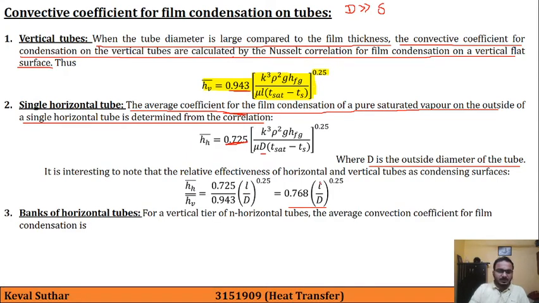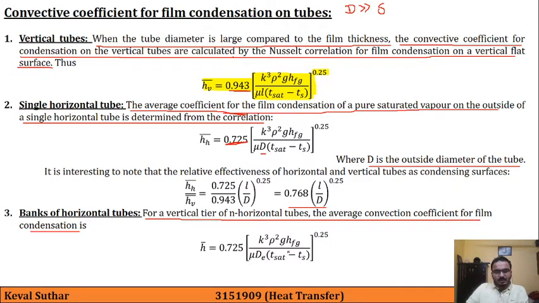The next is banks of horizontal tubes. For a vertical tier of n horizontal tubes, the average convection coefficient for film condensation is given by this formula. If you compare these two equations, the only difference is in the diameter.